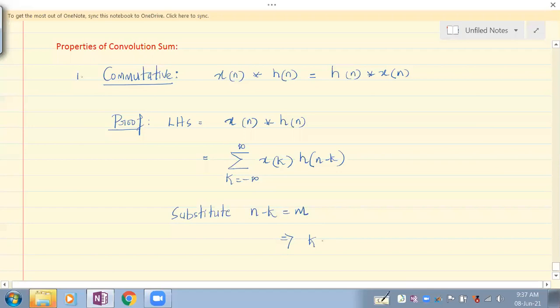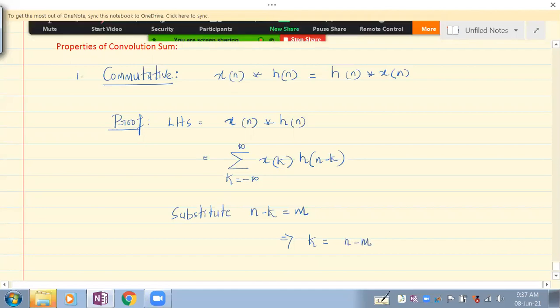So this implies that k is equal to what? N minus m. Isn't it? K is equal to n minus m. So let's substitute n minus k as m and k as n minus m. Let's deal with the summation, which alphabet runs from minus infinity to plus infinity, we shall decide after we substitute.